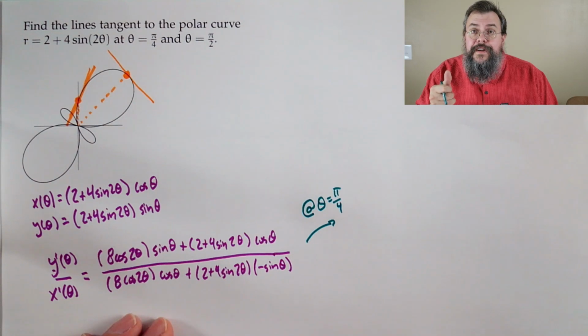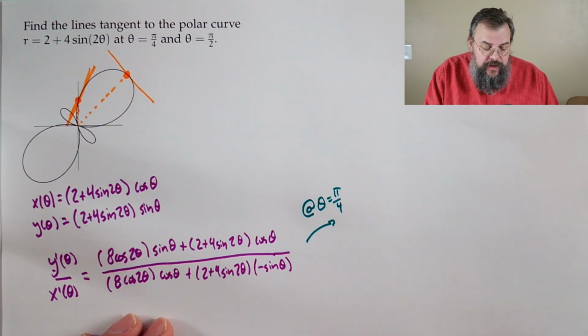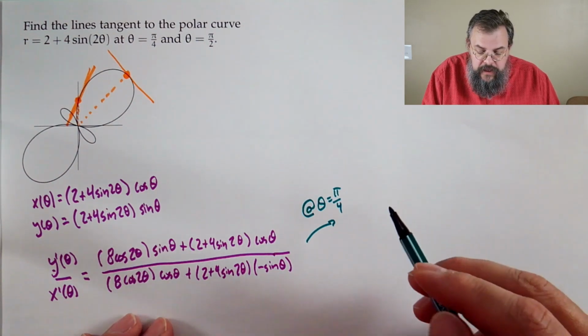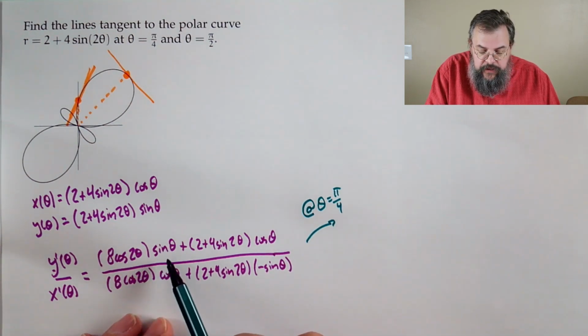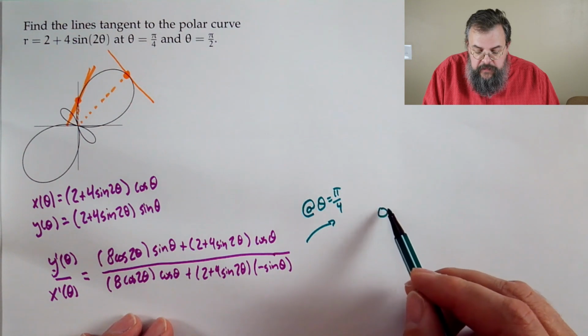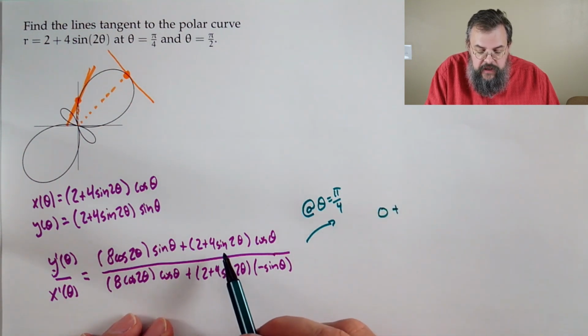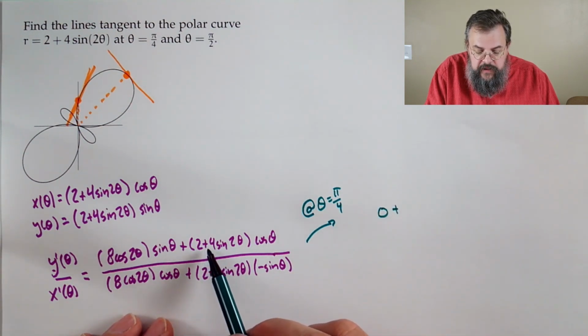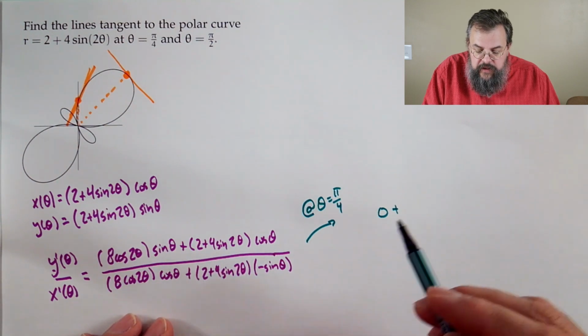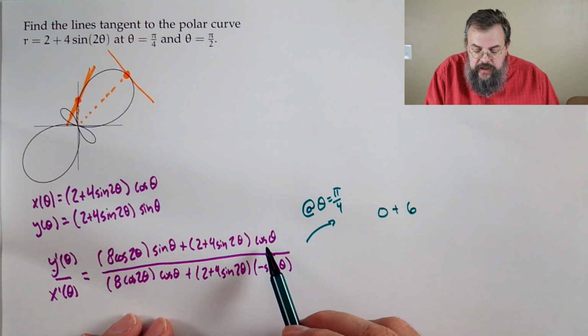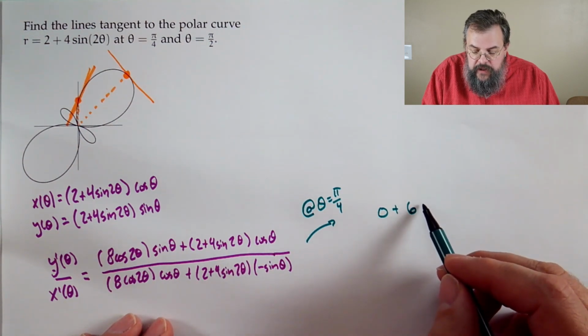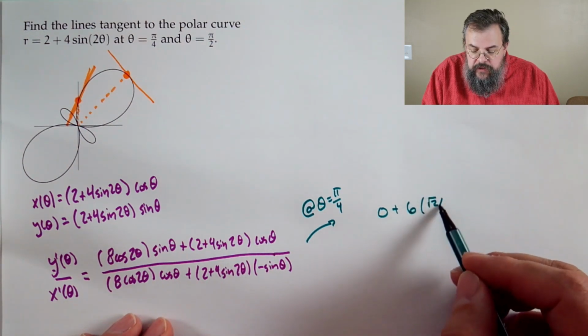It's 1. Beautiful. So this is going to be wonderful. Because there's going to be a 0 there, that's going to make that whole term 0. Plus, now here, we're going to get a 2 plus 4, so that's 6. And then cosine of pi over 4, well, cosine of pi over 4 is root 2 over 2.